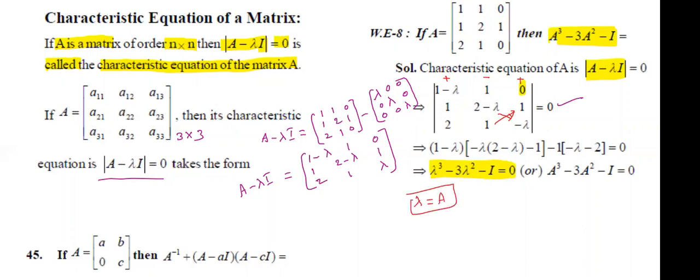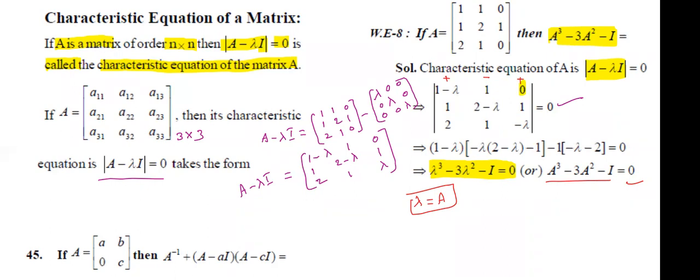Then we get the matrix equation A cube minus 3A square minus I equals 0. So in this method we get the answer very easily. Students, have you understood how we are solving the question? In the usual way, you are solving like this: first finding A square, next A cube, and the identity matrix, then subtracting or adding, whatever it may be, then you get the answer.